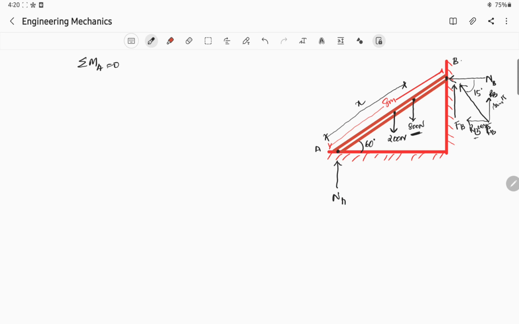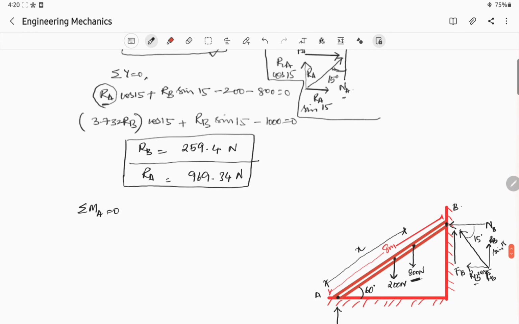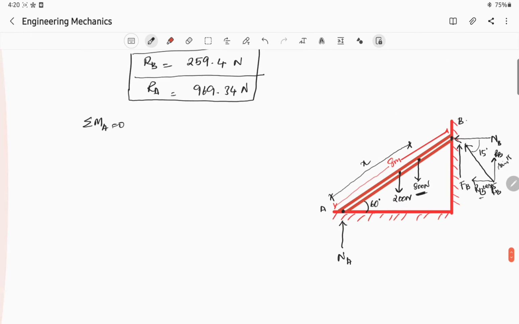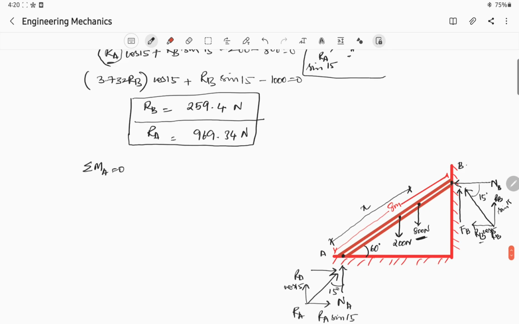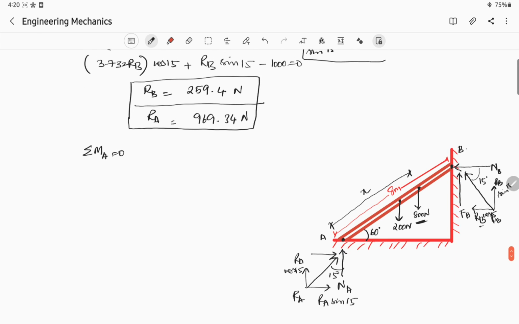This is NA, and the frictional force will act in this direction. So this is RA, at angle 15, with RA sin 15 and RA cos 15. These are the things available with us. So we'll calculate moment of all forces about point A is equal to 0.